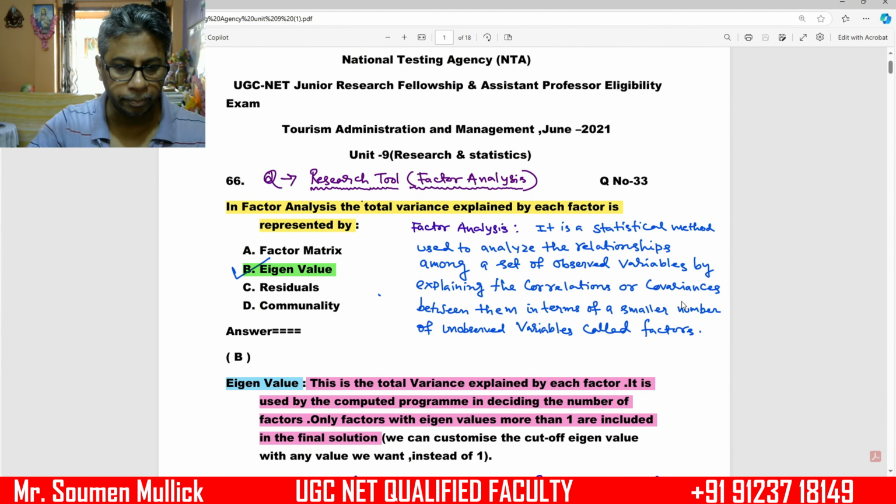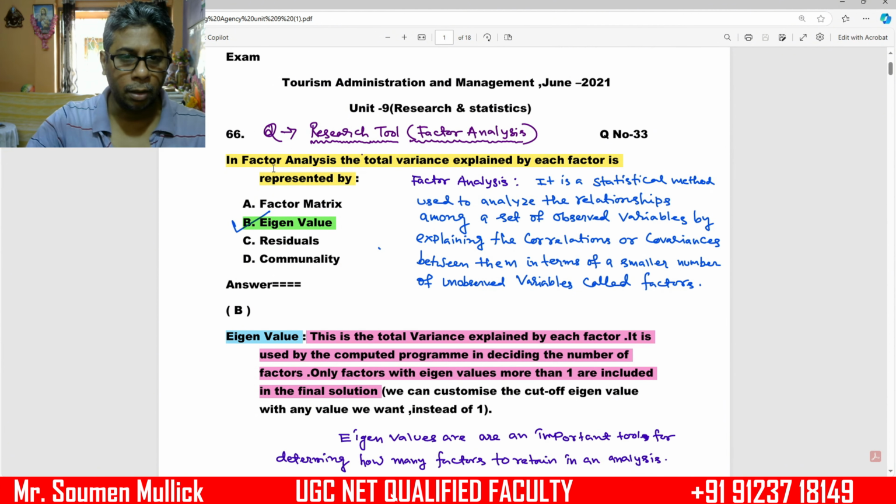The correct option: in factor analysis, the total variance explained by each factor is represented by eigenvalue.